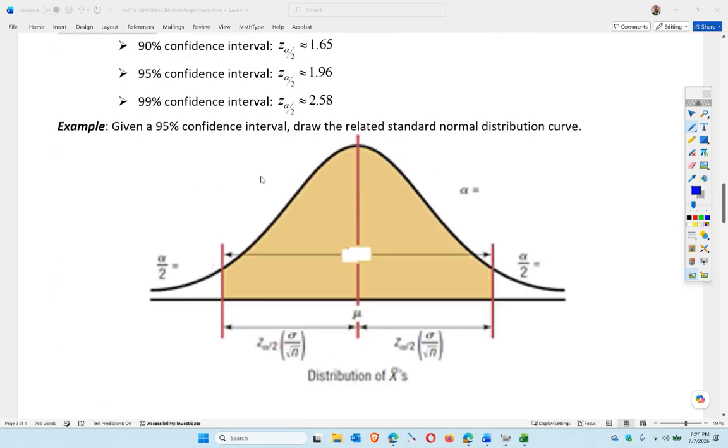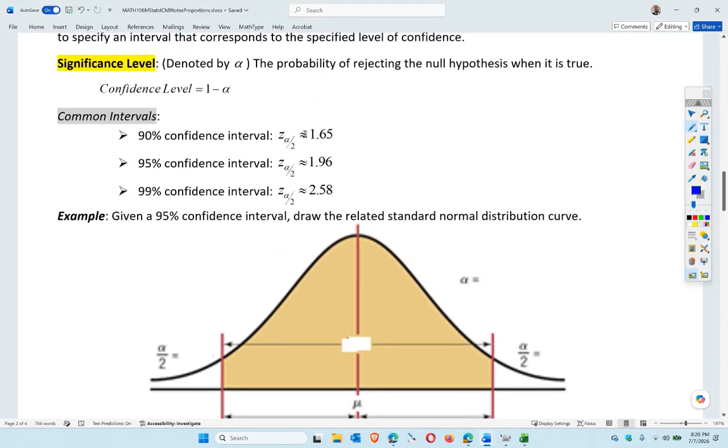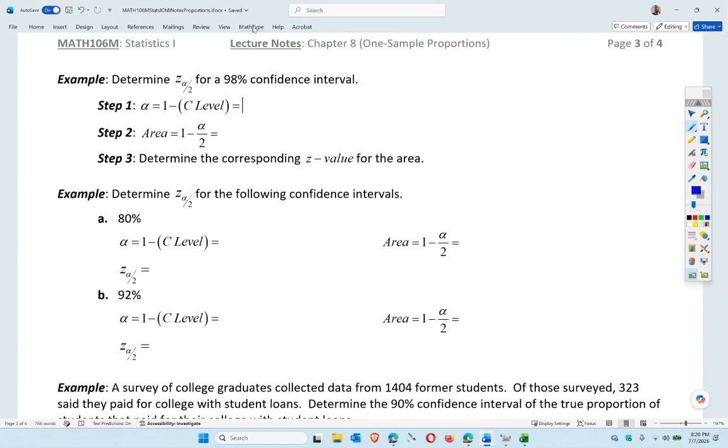Okay, so for example here, if we want a 98% confidence interval, notice the list here only gives us 90, 95, 99, right? Let's say we want a 98% confidence interval.